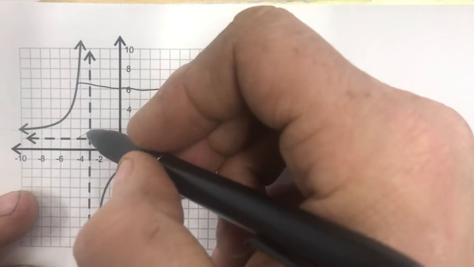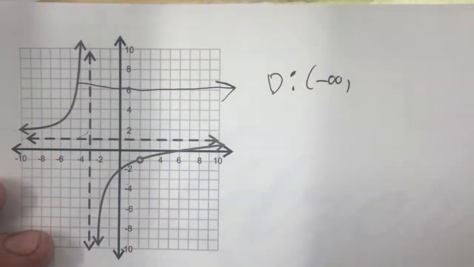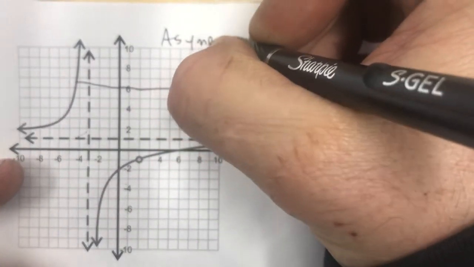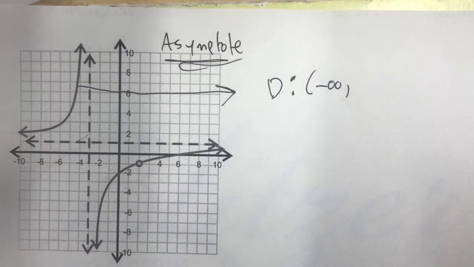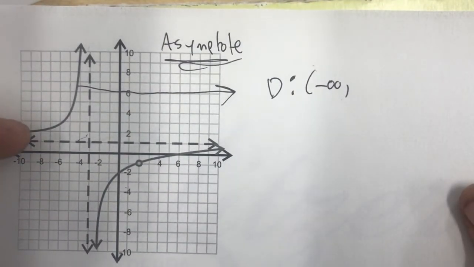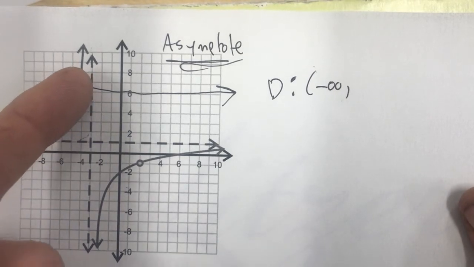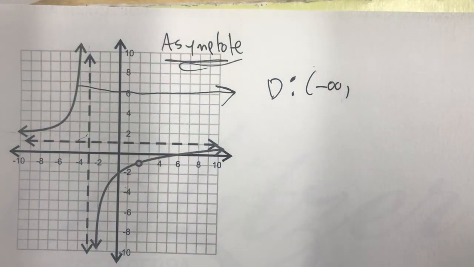But as it goes to the right, it has this little line right here. This dotted line is not part of the graph. Those dotted lines are called asymptotes. What happens is this thing gets towards this asymptote and it can't touch it, so it starts hugging it, and it never does cross it.